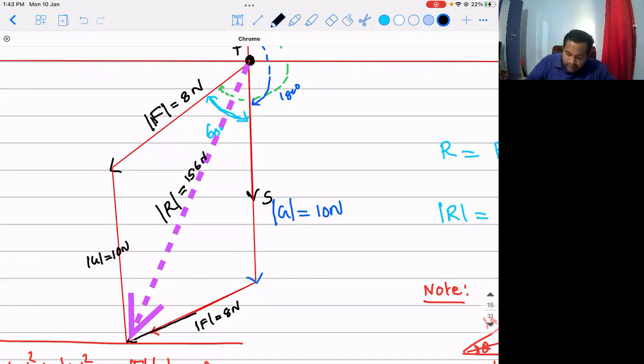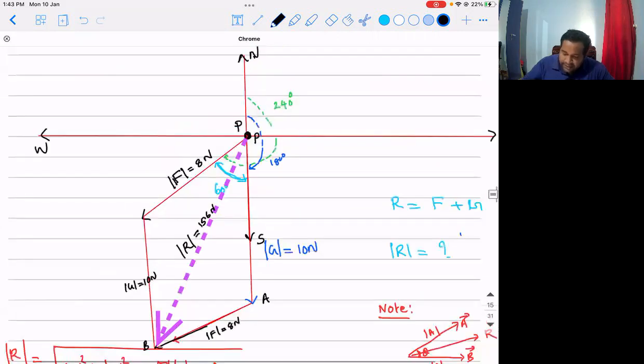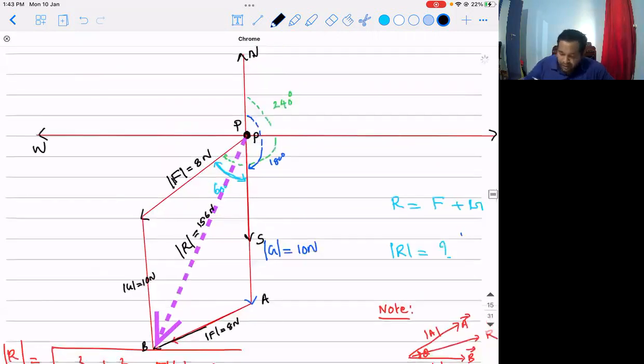So this is particle P. I'm just naming this as A, and this point I'm just naming it as B. So what are they asking? They are asking about the direction of this resultant. That means the bearing. So we are in a position to find this angle.